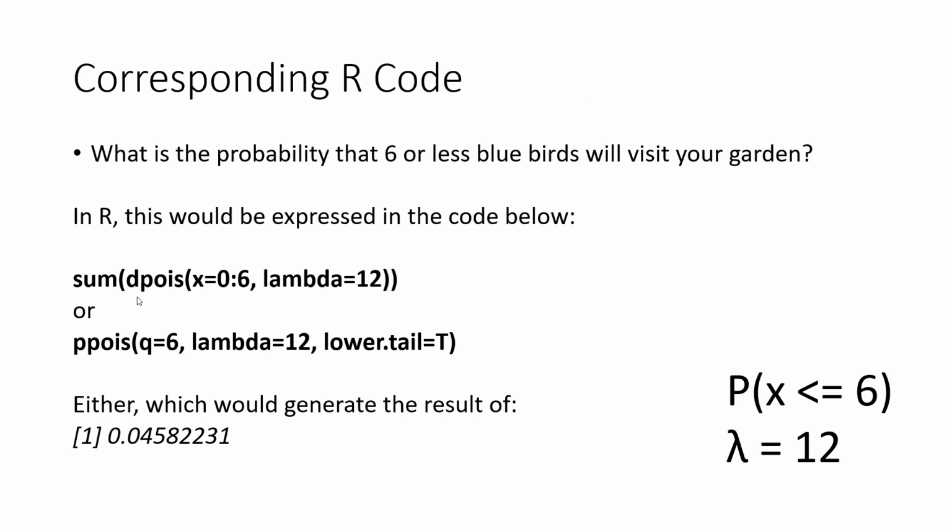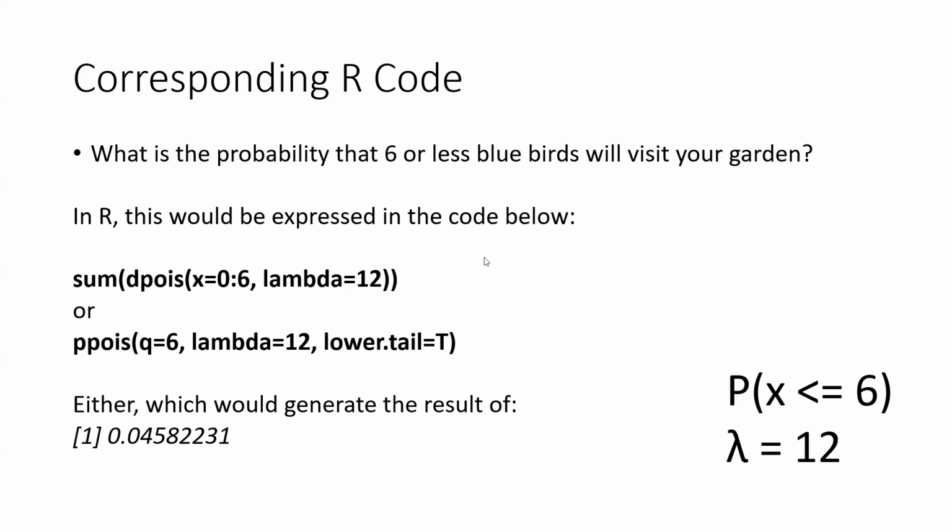You could either use the sum function and then within it dpois, x equals 0 to 6, lambda equals 12, because again, we're still operating under the assumption that the experimental parameters hold, in that it's an average of 12 birds each session, or ppois, q equals 6, lambda equals 12, lower tail equals true.